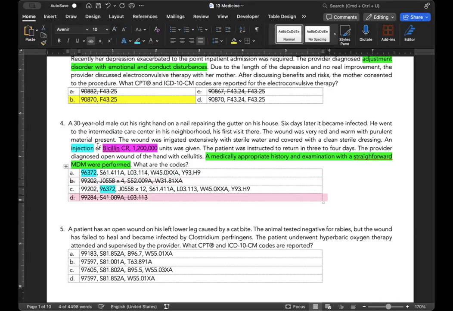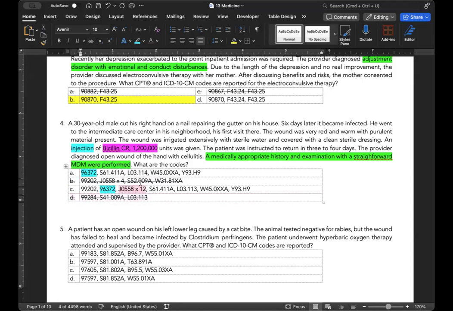So if you're not 100% sure if you should code the E&M separately, you can always look at it from the standpoint of, we've injected something, so now we have to report our HCPCS code for the actual supply of the drug or the antibiotic, right?